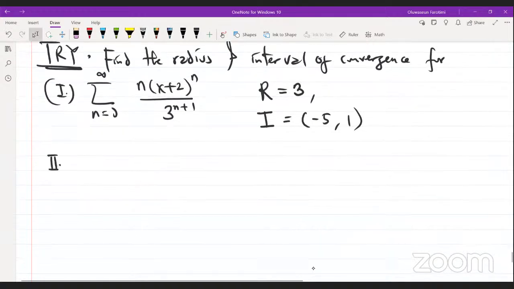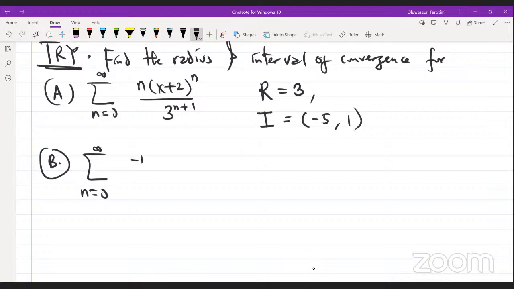So for the second thing, maybe I should just use real numbers here. So let me use A and B, okay? Second guy I'd like you guys to try: x to the power of 2n plus 1 divided by 2n plus 1 factorial.